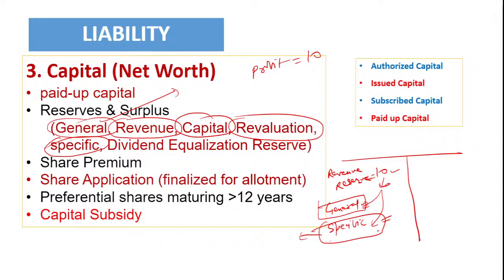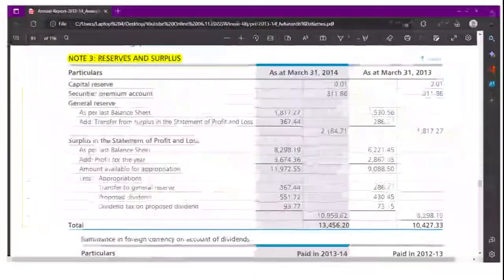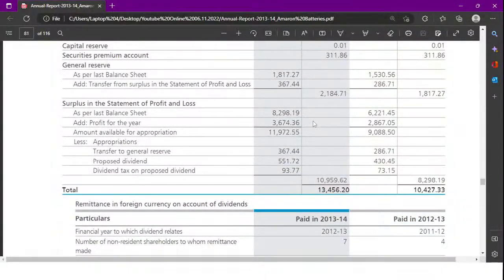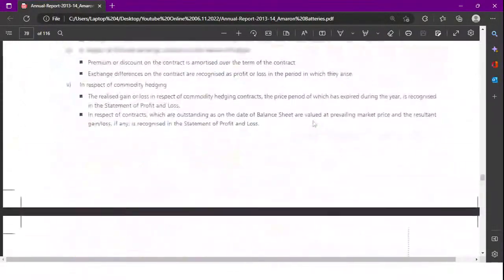So I will show you one live balance sheet of a company, where, friends, you see here reserve and surplus.